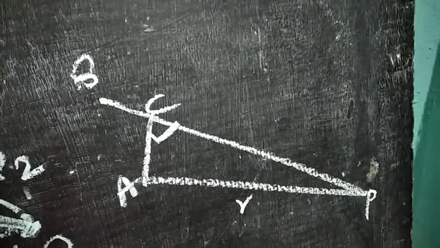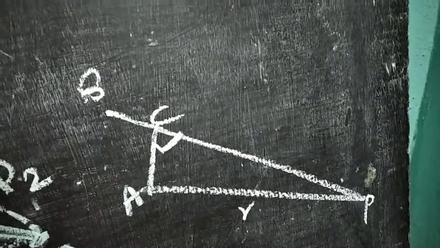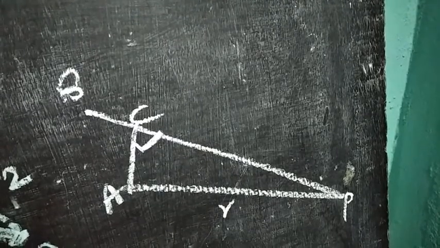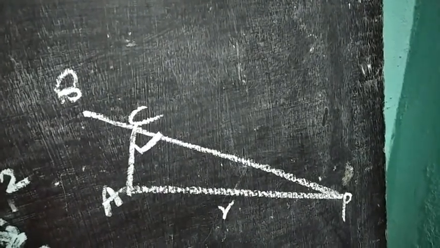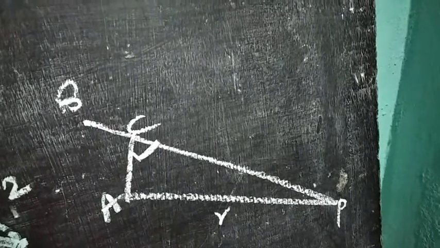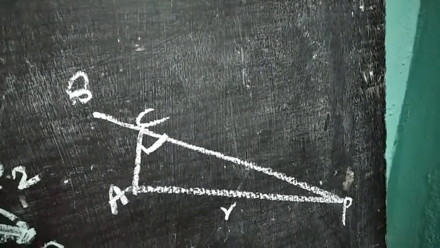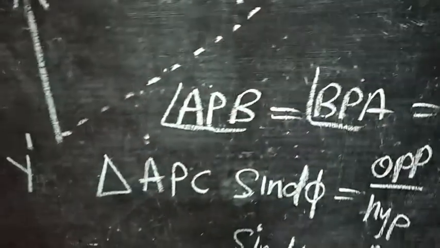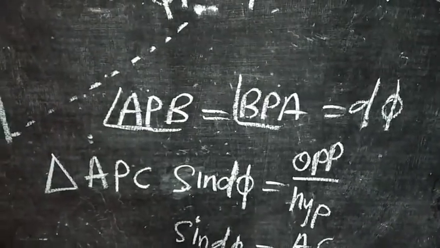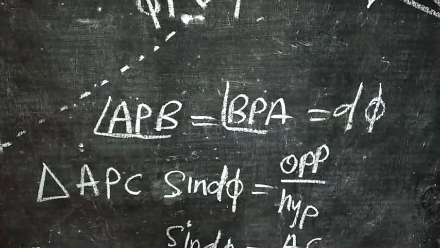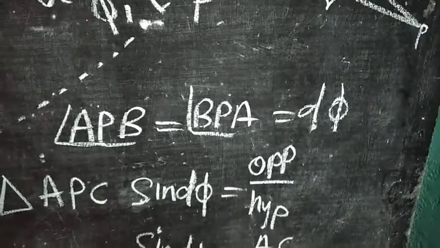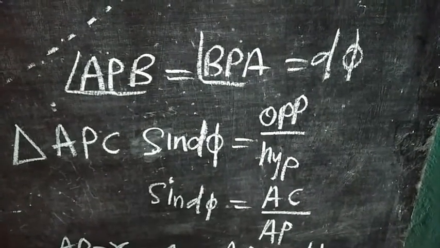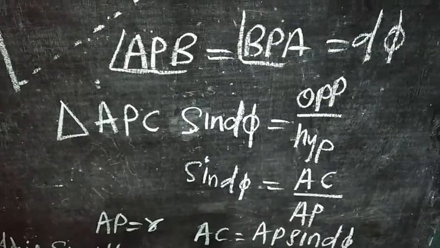From the diagram, the right angle is at B, angle PBA. Opposite side r, but actually this is the longest side, so we consider it as the hypotenuse AP. So in triangle APC, sin d phi is equal to opposite side AC by hypotenuse AP. AP equals r.